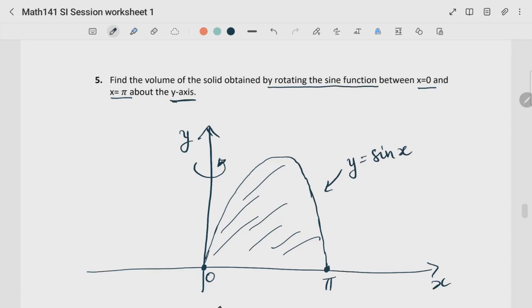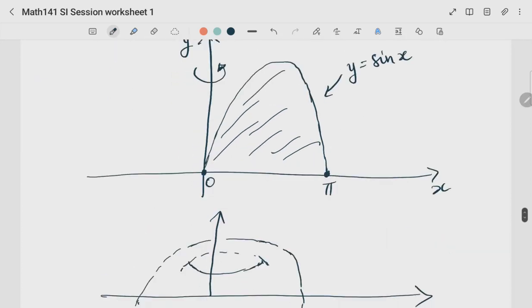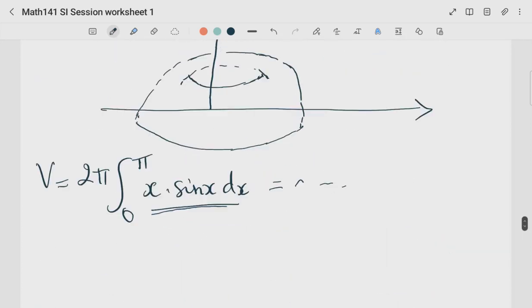So when we set up the volume formula, we end up getting something like this, which is a form that can be solved using integration by parts.